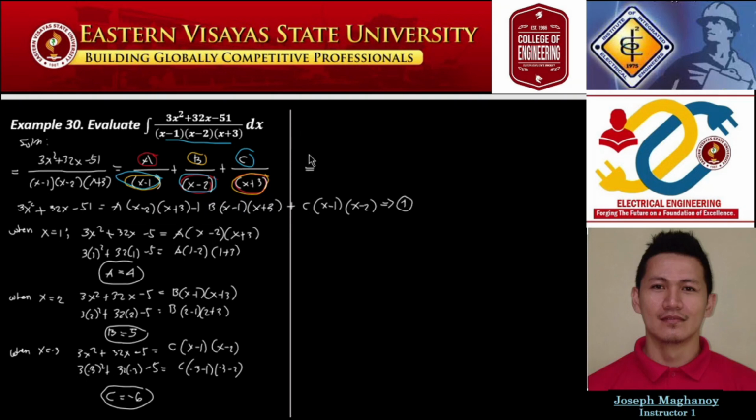I write it on top: integral, bracket, your A is 4 all over x minus 1, plus your B is 5 over x minus 2, plus your C is negative 6 over x plus 3, close the bracket, dx.